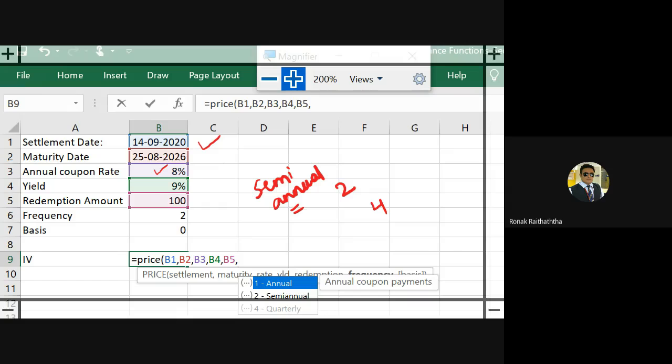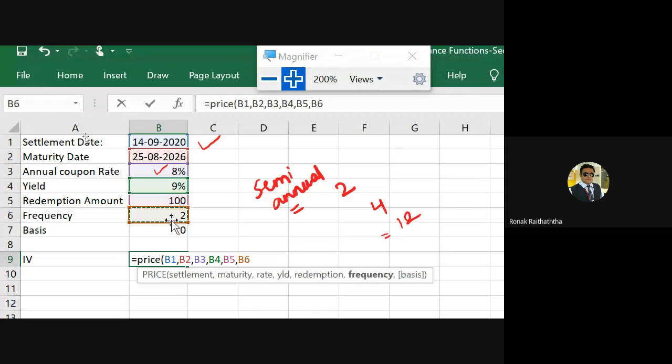If the bond is paying interest on a monthly basis, then the frequency shall be 12 in a year. In this case, frequency is straight away given to us as 2. That means we are making 6 monthly interest payments. So I'm writing 2 over there. That is one way, or I can select the cell where 2 is written, comma.